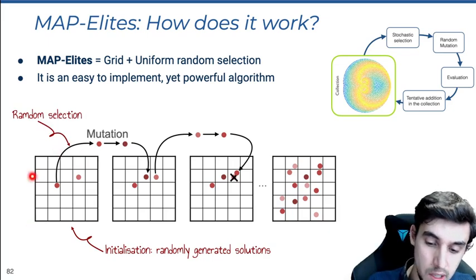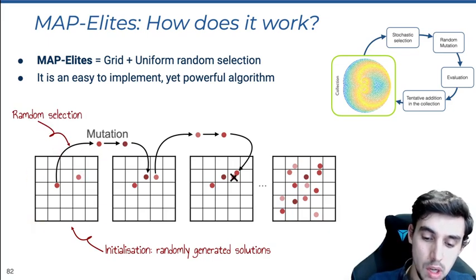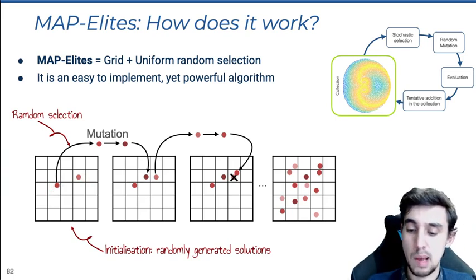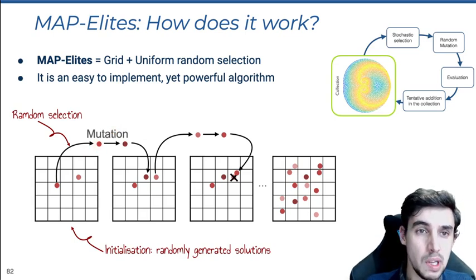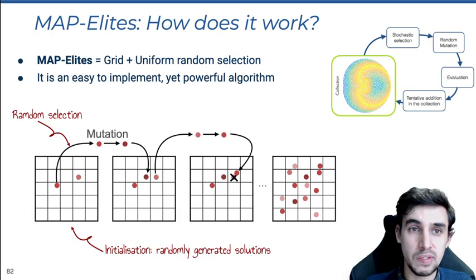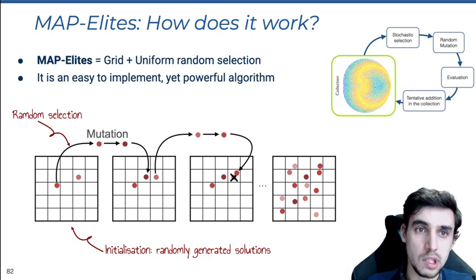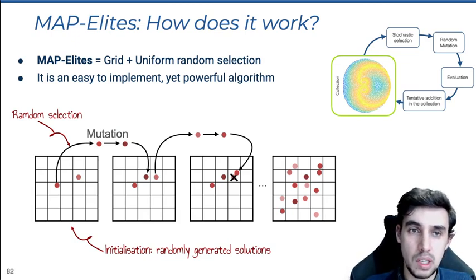We randomly select one solution from the archive, so one of the two, uniformly typically in MapEdit. We apply a mutation operator. For instance, if your genotype is a set of float values, we just add Gaussian noise on some of the values or all of the values.